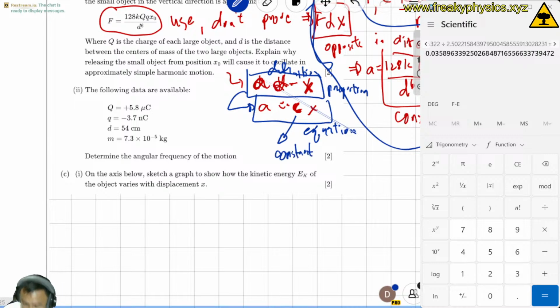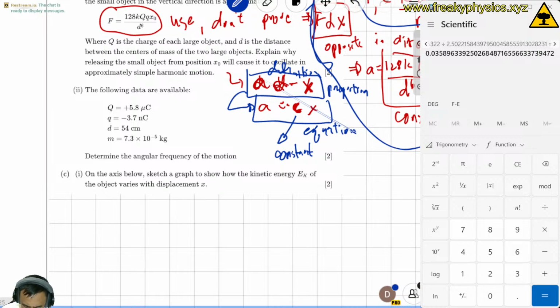How do we know that it's a constant? That's the thing with proportionalities. The proportionality becomes an equation by attaching a constant to one of those variables. It's more of a math thing than a physics thing, but yes, that's how it's done.